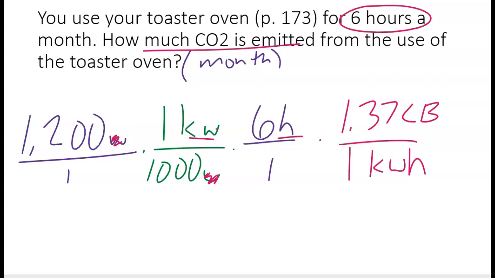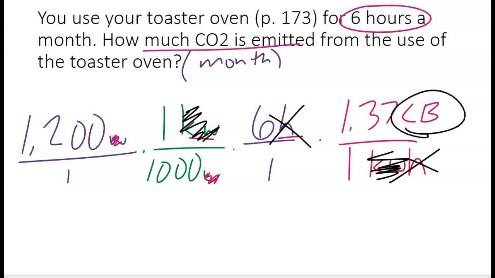For every 1 kilowatt hour of electricity we use, we release 1.37 pounds of CO2. So thinking through our units going away, kilowatts cancels out with kilowatts, hours cancels out with hours, and we are just left in pounds, which is what we want, right? We want pounds.